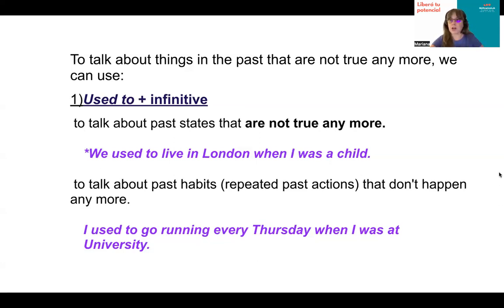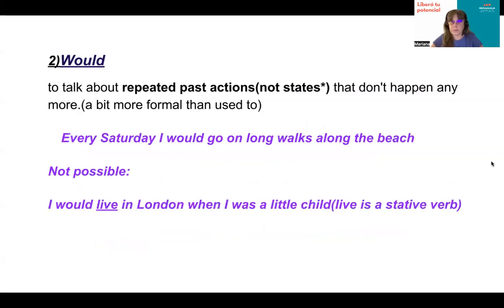Then we've got the word would, that, as you already know, is used in conditional sentences, but in this case has a totally different use. We use this would as an equivalent to used to for repeated actions in the past.